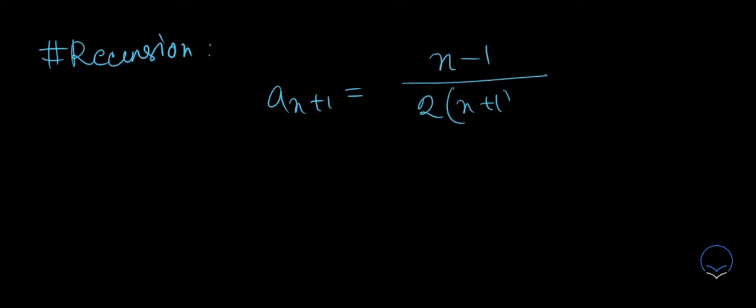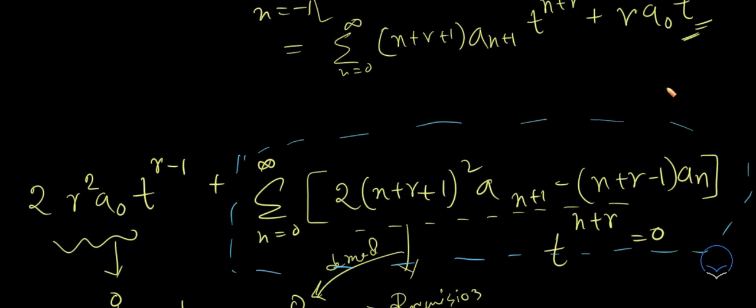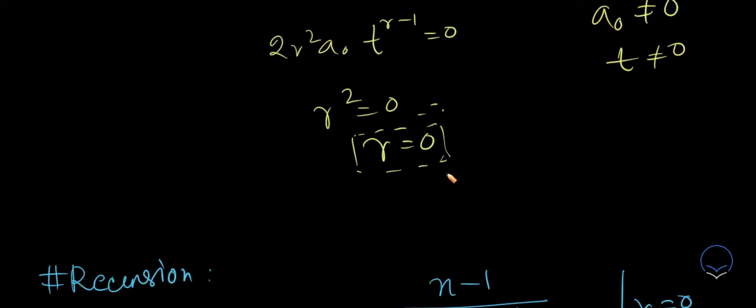So the recursion will give us the following: a of n plus 1 is equal to n minus 1 over 2 times n plus 1 whole square, and we are putting the r's value to be 0 over here. Obviously you have to first evaluate it, because you can see that there is an n plus r plus 1 and there is an n plus r minus 1. So I already know that there are two roots, however both of the roots are the same, and that is r equals 0.